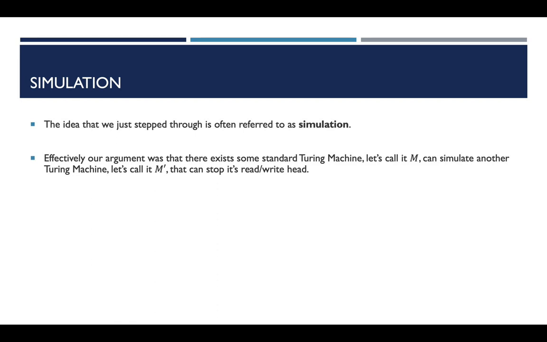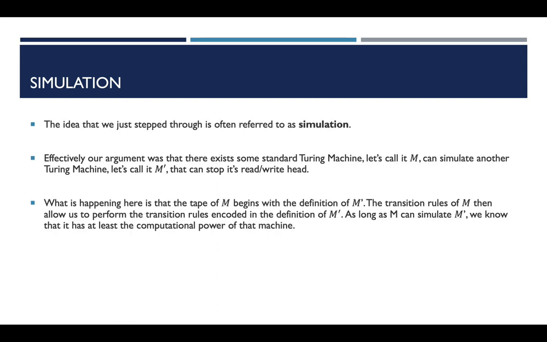Then we can take the transition function rules of our simulator and use those rules to update the configuration of the simulated Turing machine, using the transition function rules that are also located on the tape of our simulator.